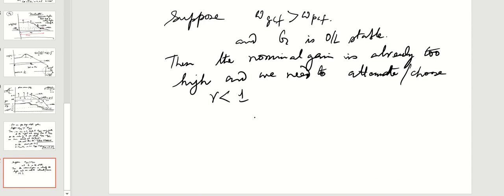So then in the log scale, if you write 20 log gamma, that is the gain margin in decibels.